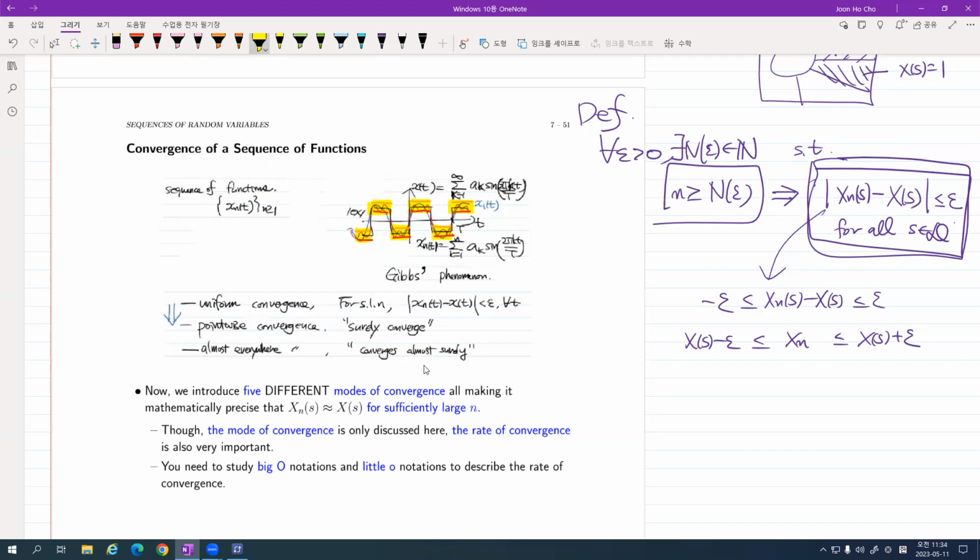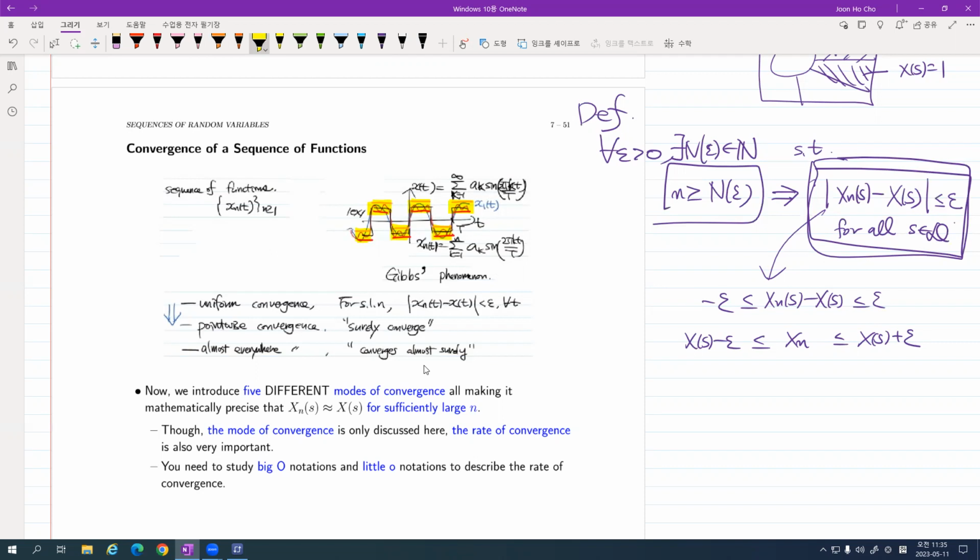And if this holds, then you may claim that for sufficiently large n, the nth function, x of n of s, can be approximated by x of s.